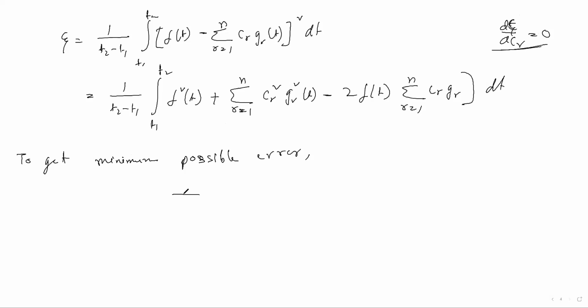You can write j or r, anything; since we are taking r it should be r only, but you can take j also, no problem, because we'll break that. So take the derivative of epsilon with respect to c_j, and put the epsilon below it.